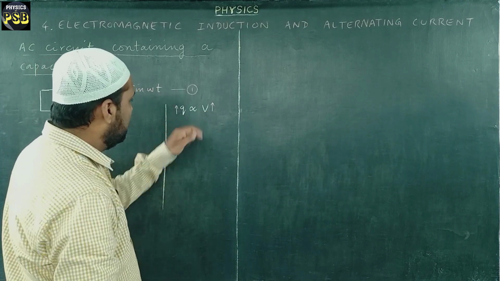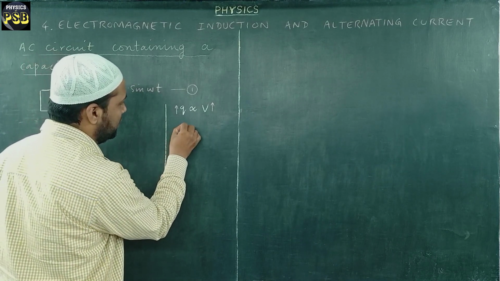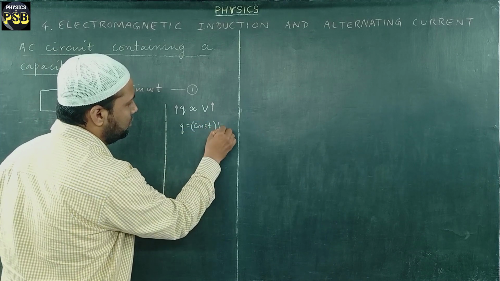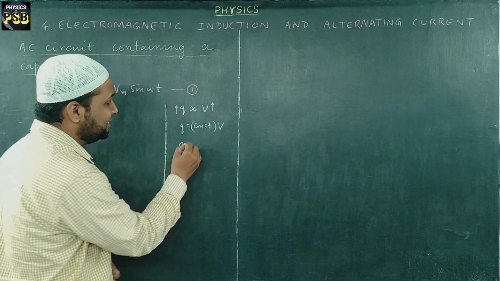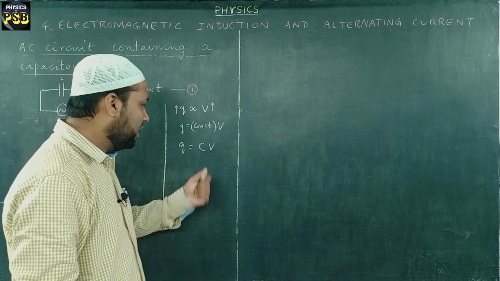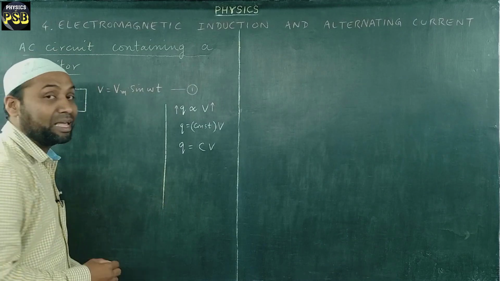Now, when I remove this proportionality, I have to include a constant. This constant is represented by the letter C. It is called the proportionality constant, and here C stands for the capacitance of the capacitor.